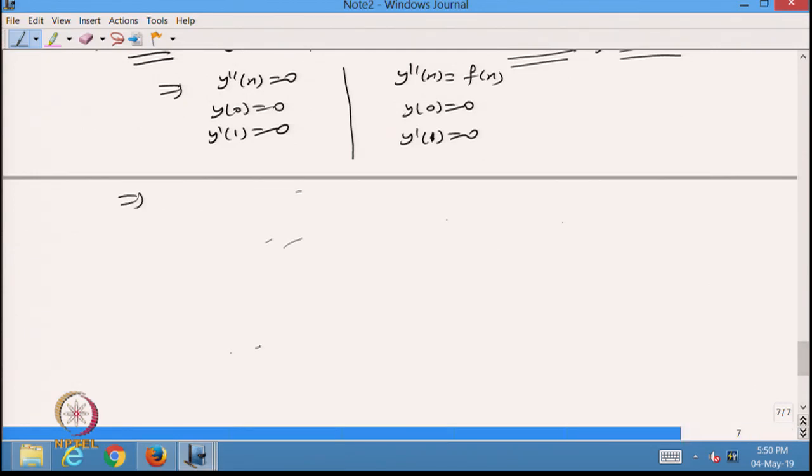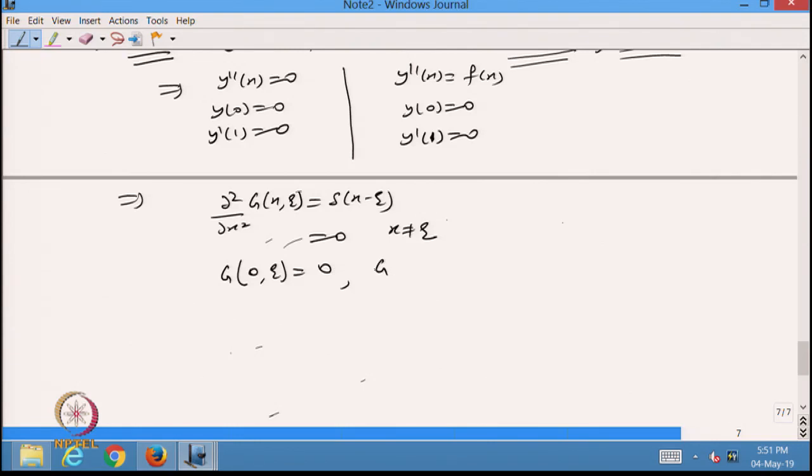Now, I also know that the second derivative, del square over del x square of G, is equal to the Dirac delta function, and this will be equal to 0 when x is not equal to xi. So, in that case G(x, xi) will be 0.